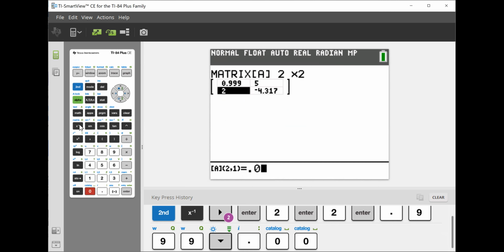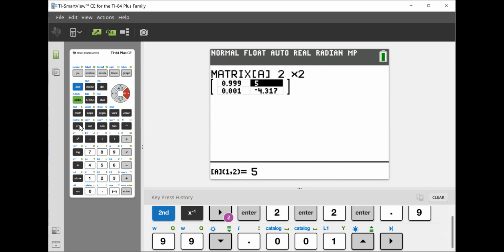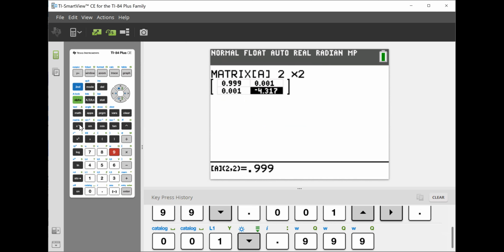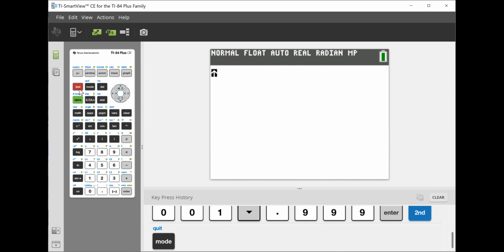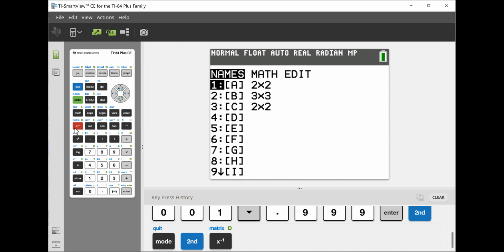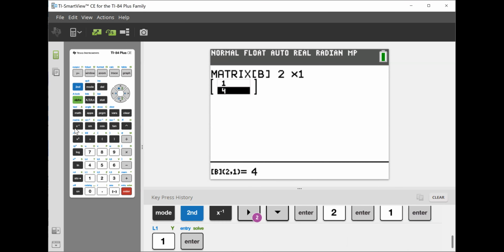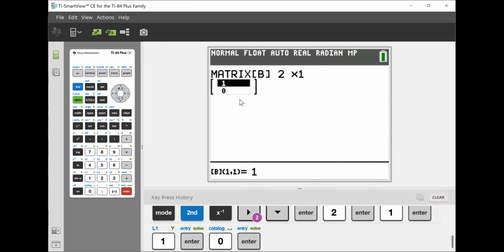0.999, 0.001, 0.001, 0.999. So there's our matrix A. We have this initial probability distribution, 1, 0.